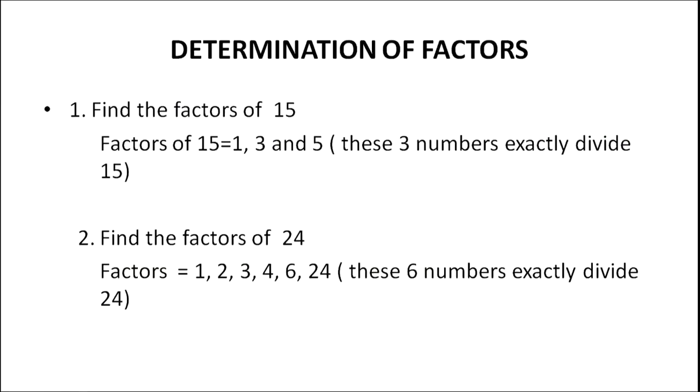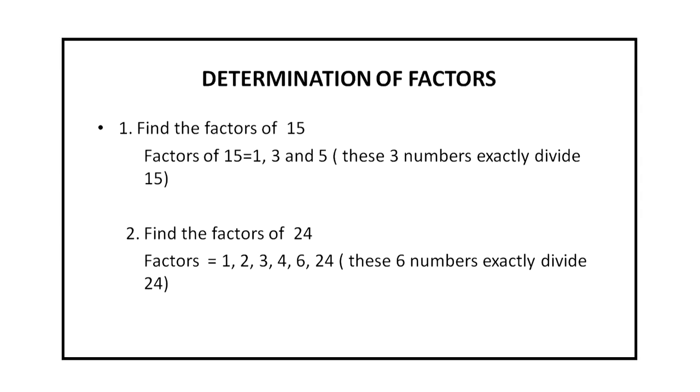Now, we will see how to determine the factors of a given number. For example, I am taking 2 numbers, say 15 and, for the second example, 24. Now, how to find the factors of 15? As I have said just before, 1 is a factor of every number. So, the first factor of 15 is 1.